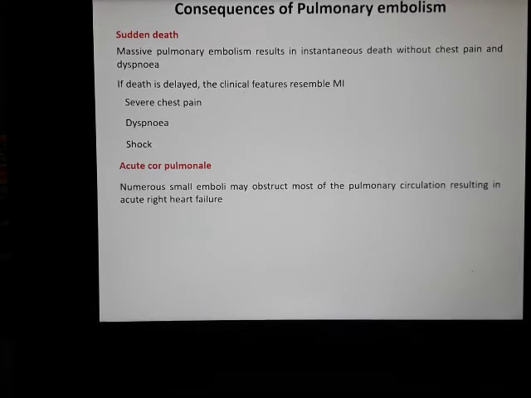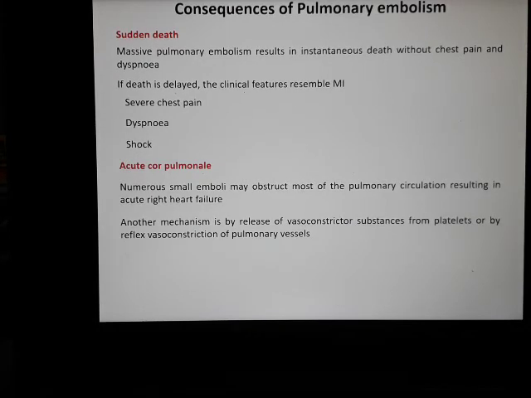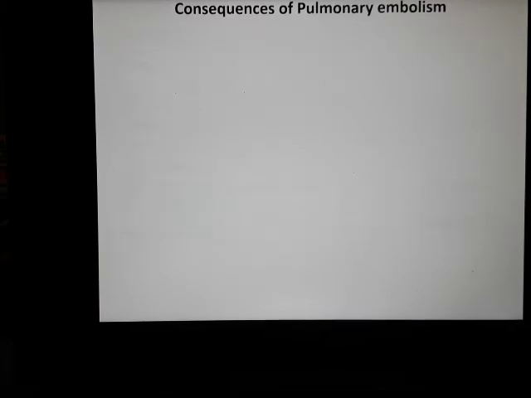That is heart failure due to pulmonary causes, so it is called cor pulmonale. This is one mechanism. Second mechanism, there may be release of vasoconstrictor substances from platelets or reflex vasoconstriction of pulmonary vessels.